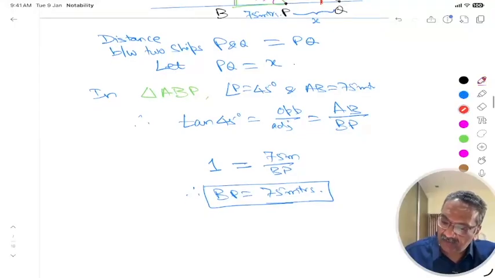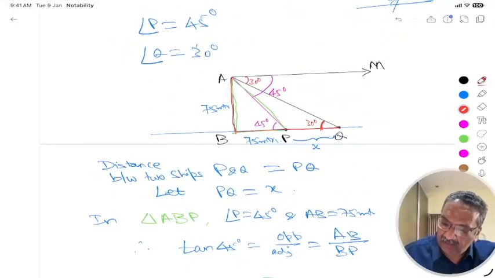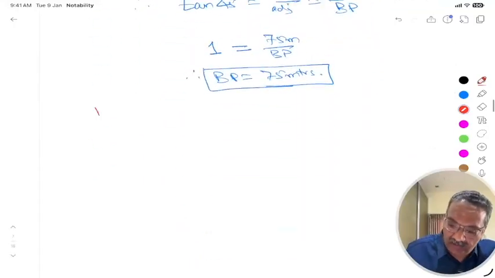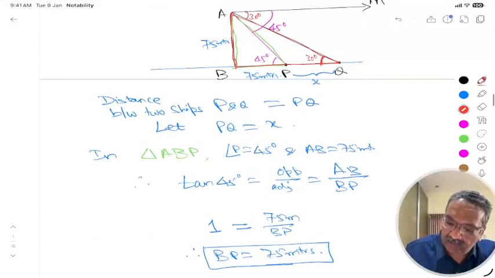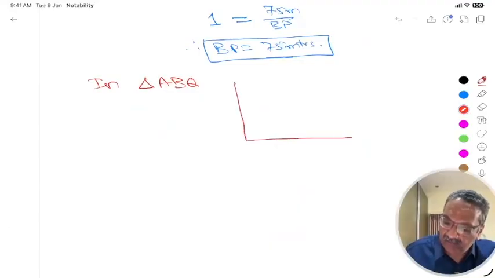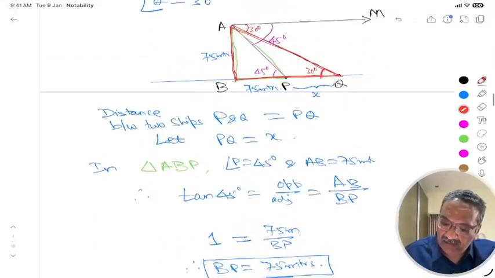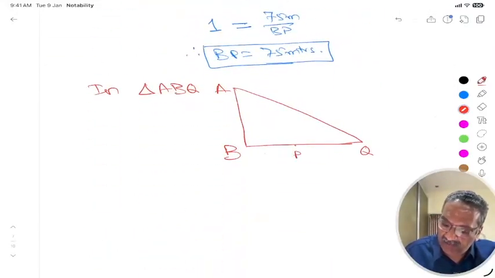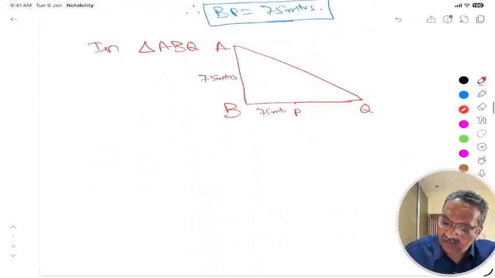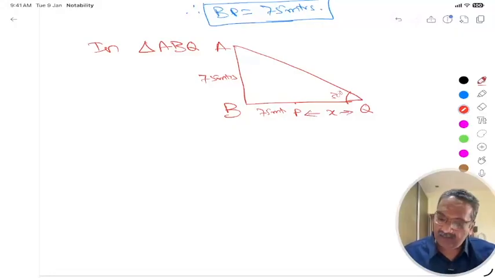Okay. Now you consider this triangle ABQ. Okay. In triangle ABQ, what do we know here? P is here. Up to P, AB is known to be 75 meters. BP is 75 meters. Angle Q is 30 degrees. Now this, let it be X. Alright.